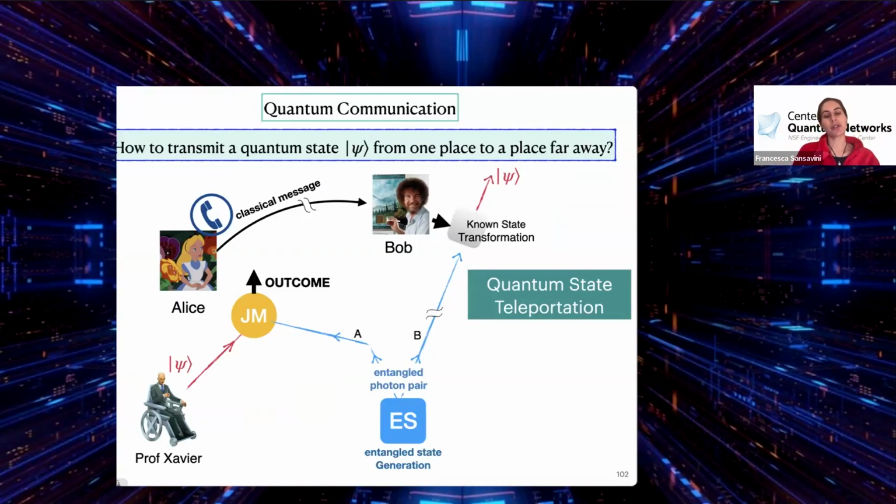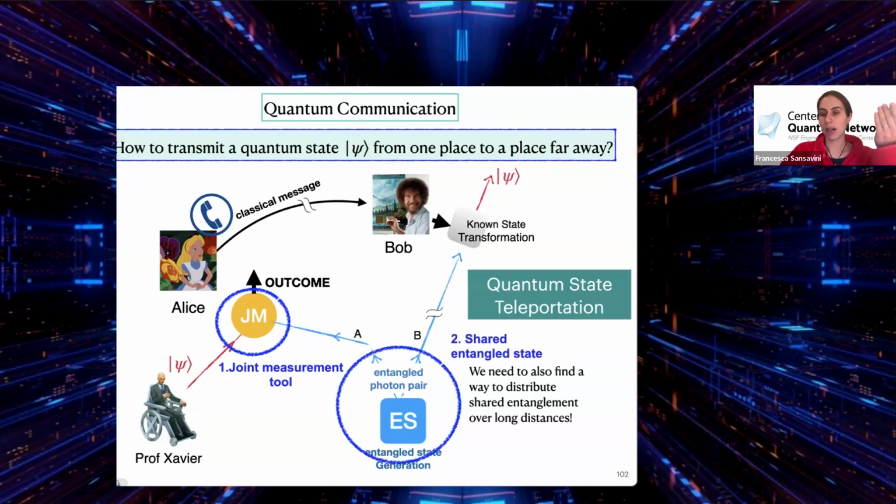So quantum state teleportation works this way. We have Professor Xavier, who's sending a quantum state. We have Alice, who's going to help Professor Xavier. Bob has to receive the state. And two central pieces of this protocol are this joint measurement tool, which measures the photon of Professor Xavier together with an entangled pair that's given to Alice and Bob.